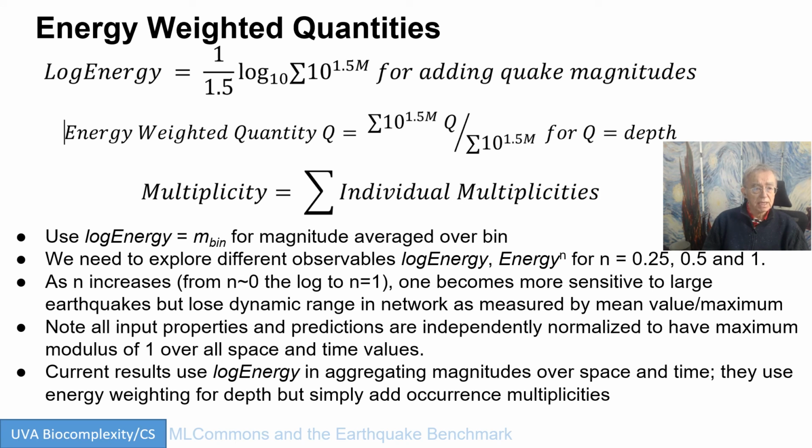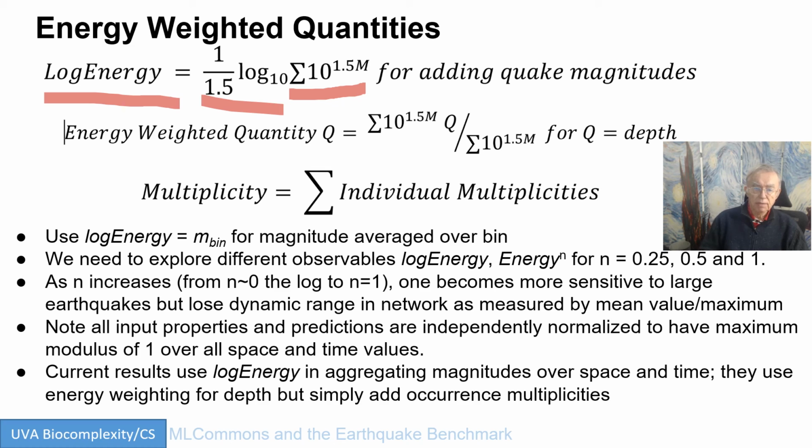However, as we discussed, we really would rather use the log of the magnitude, the log of the energy, as the observable, because it has a much more reasonable range of values. So we sum events up by summing the energy. Then after we do that, we convert it to an effective magnitude, which we call log energy, by just inverting that equation.